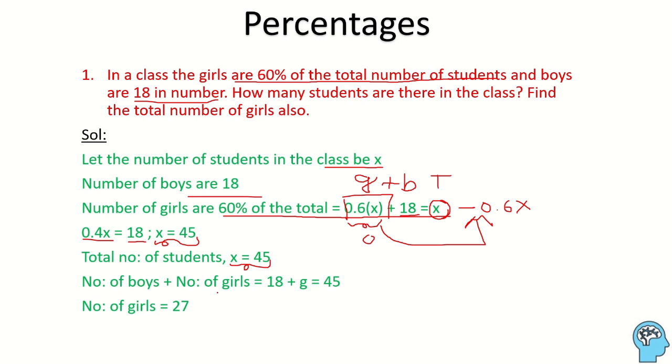Number of boys plus number of girls is 18 plus g, that is 45. Now to find out g, you just subtract 18 from 45. So 45 minus 18 will be 27. So in the next slide, we'll look at the next problem.